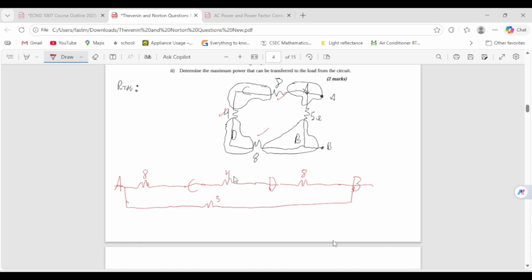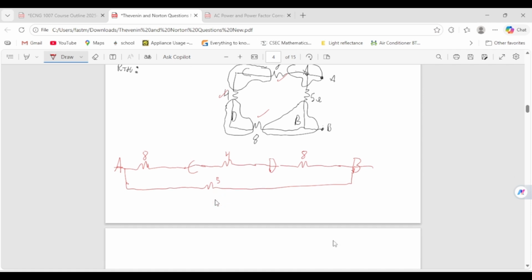So we're seeing the 8, the 4, and the 8 basically in series with each other, and that is in parallel with the 5. So we just redraw the circuit: 20 in parallel with 5. And sadly, these two are not the same value, so we have to do the full product over sum, right?